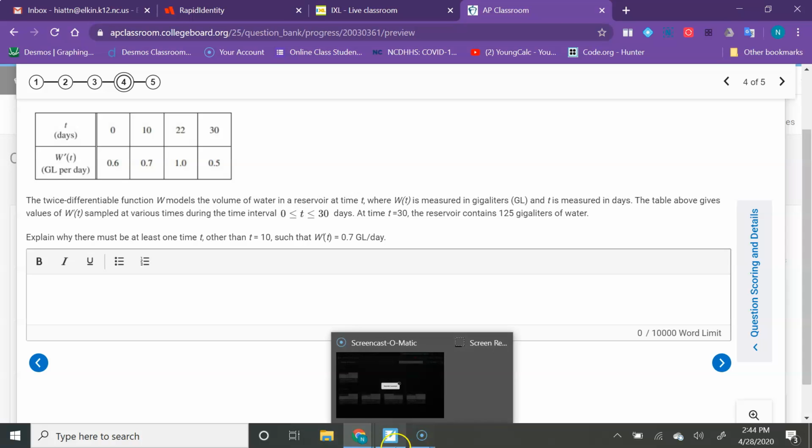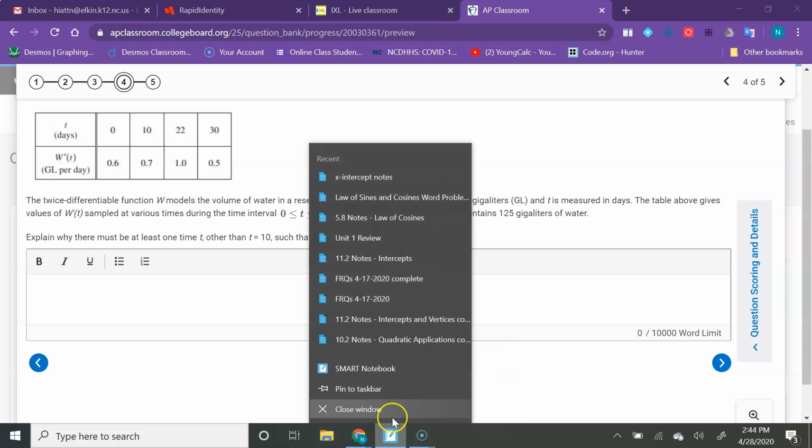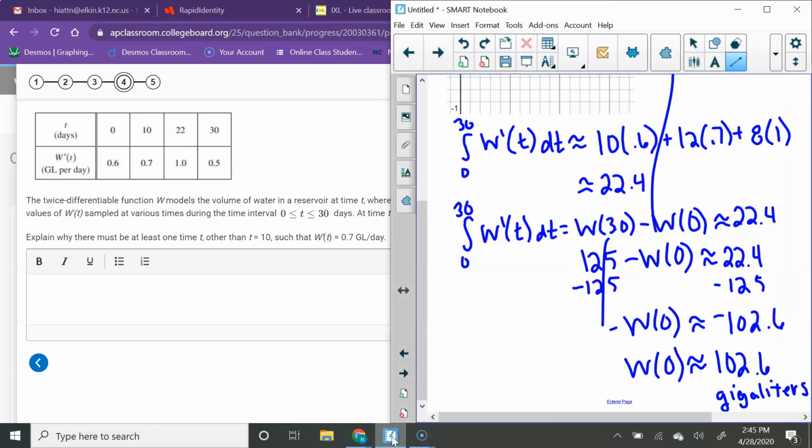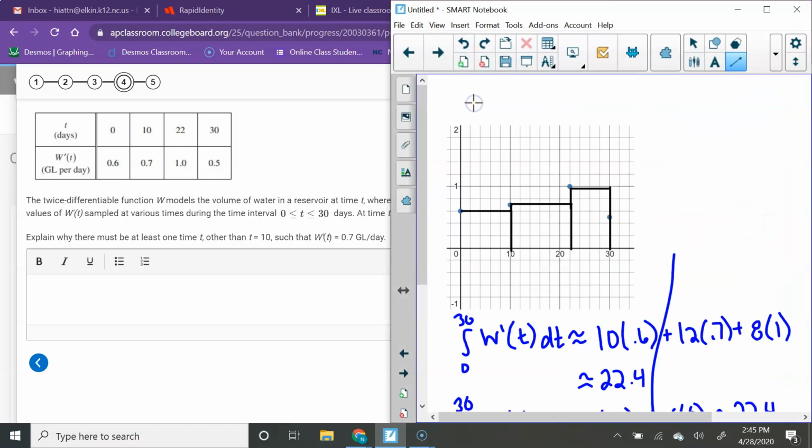So even if we looked at that graph that I just had up there, if this was connected, right here somewhere, it's got to go by 0.7 somehow, because it goes from 1 down to 0.5.